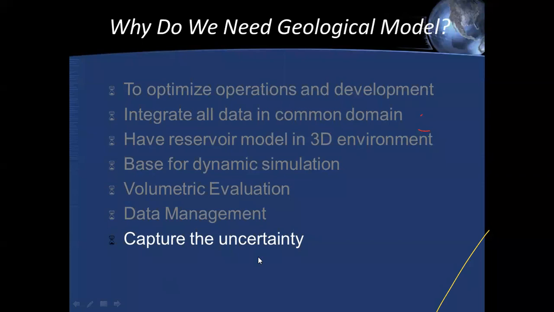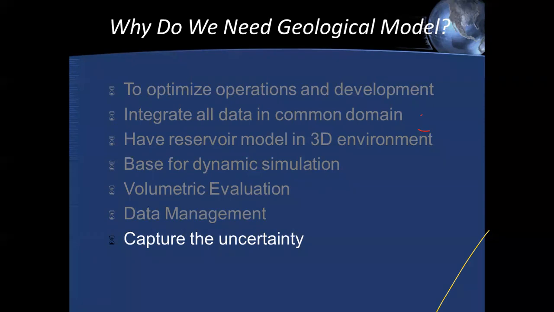To capture the uncertainty. At the end, our knowledge about the reservoir is limited. For instance, well data is limited. We don't have wells everywhere. We don't have seismic covering the entire field. Yes, aerially it is covering, but if it is 2D seismic, it is in certain lines.